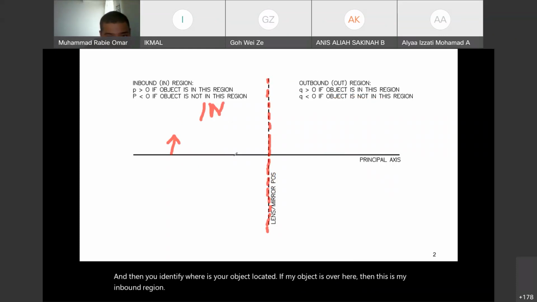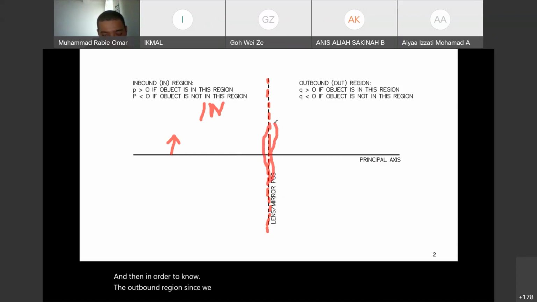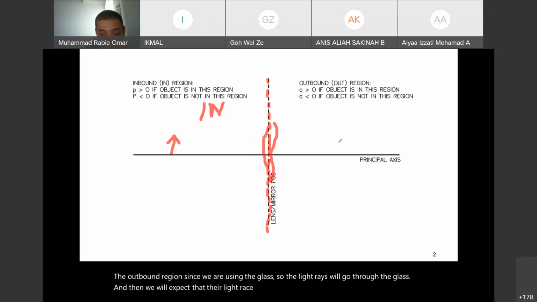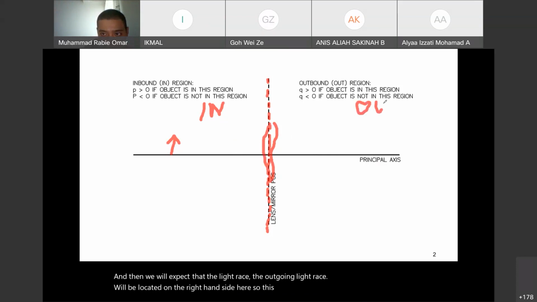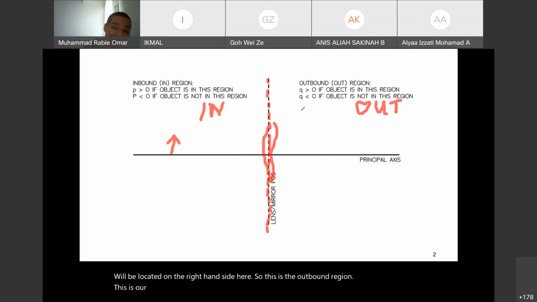And then in order to know the outbound region, since we are using the glass, the light rays will go through the glass. And then we will expect that the outgoing light rays will be located on the right-hand side here. So this is the outbound region. This is our expectation, yeah?